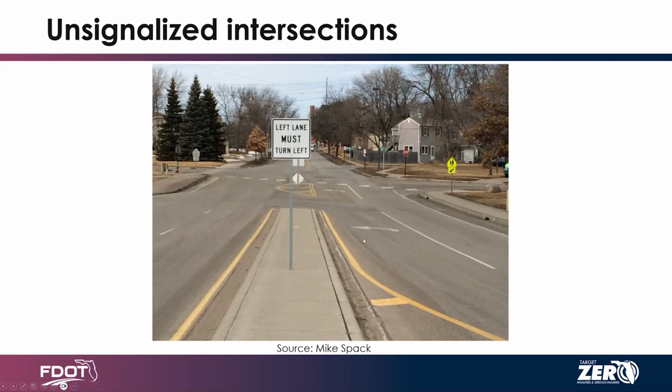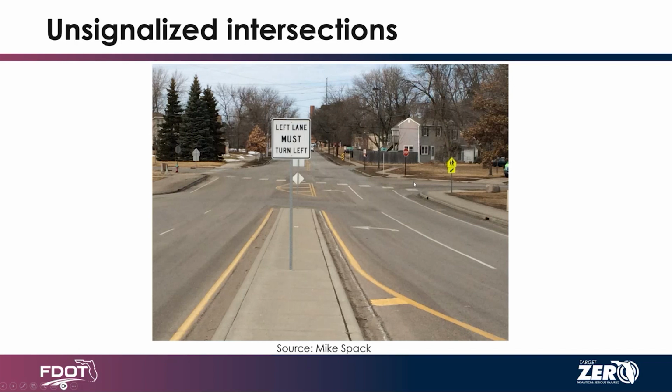Again, this intersection is also still challenging because you have a potential access point here, and a potential access point here. While some countermeasures have already been installed, looking at the safety data and the unique characteristics of the intersection, is there anything else that may be needed?